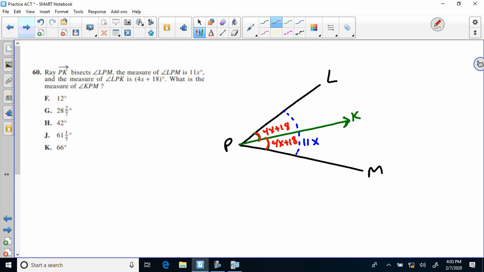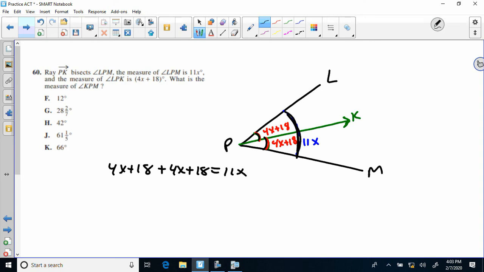So if I know the whole big thing is 11x, I'm using the angle addition postulate, which says if I add 2 angles, I get the big angle. So if I take my 4x plus 18 and I add it to another 4x plus 18, it better equal 11x. If I add my 2 small angles, I get the whole big angle.